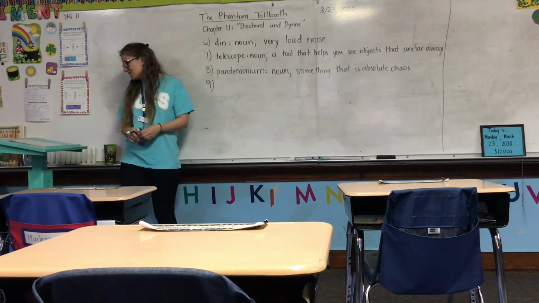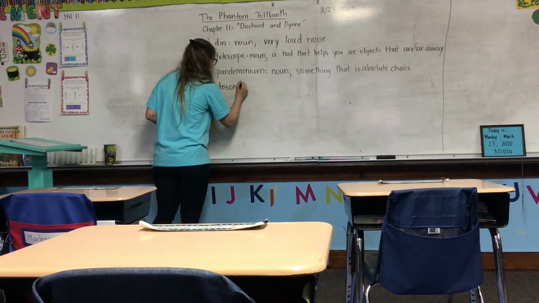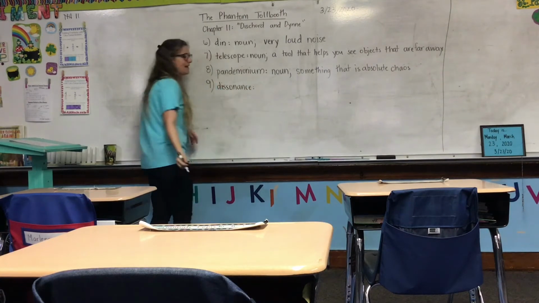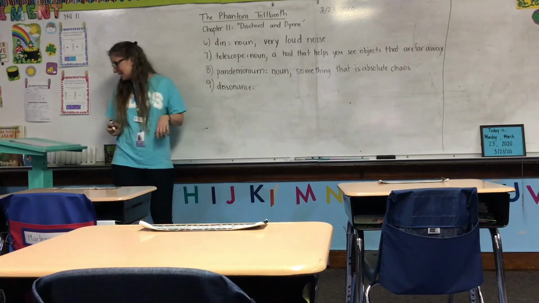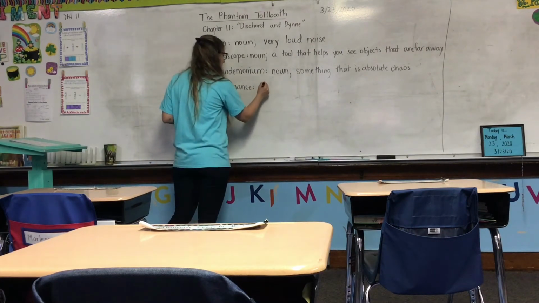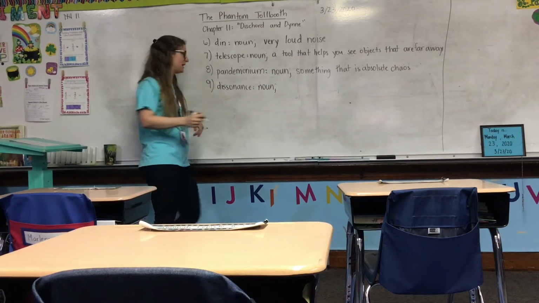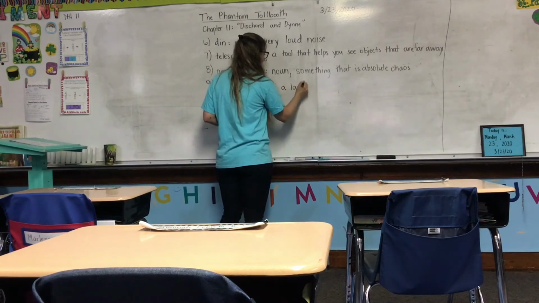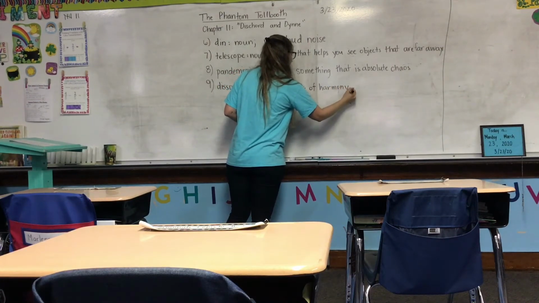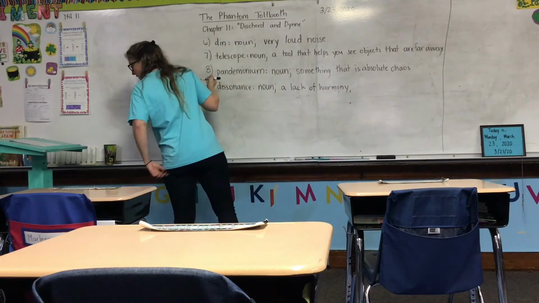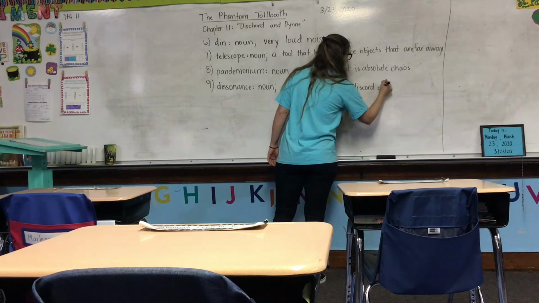And last word, number 9. Dissonance. Pause and say that word a couple of times if you need to. Dissonance. Dissonance is another noun. We have a list full of nouns today. And it means a lack of harmony or a discord of sounds.